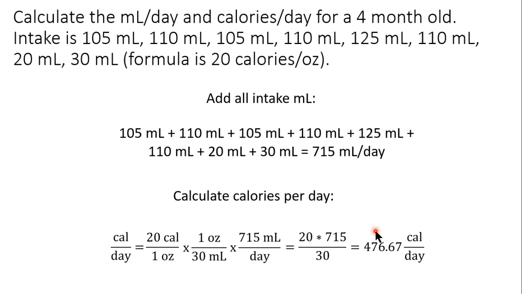So for every ounce, there are 30 milliliters. Okay, just the conversion right there. And then the 20 cal over 1 ounce is the formula, what you have up there. Yes. Okay, makes sense. Thank you.